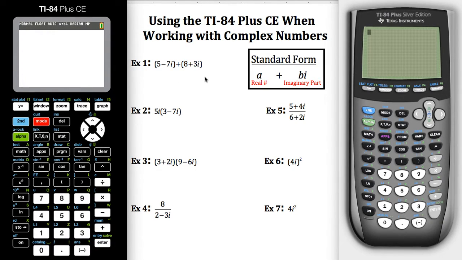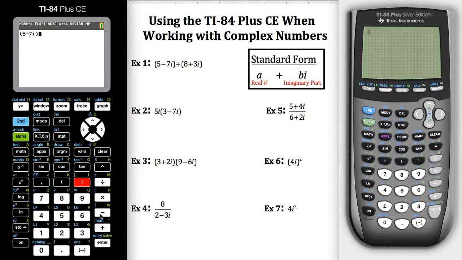Now, working out all of these, especially on the newer one, you're going to type in exactly what you see. So for example one there, if I want to add these two complex numbers, I can just type it in left to right. So parentheses 5 minus 7, and the i is going to be shift and period, because the i is blue right above there.